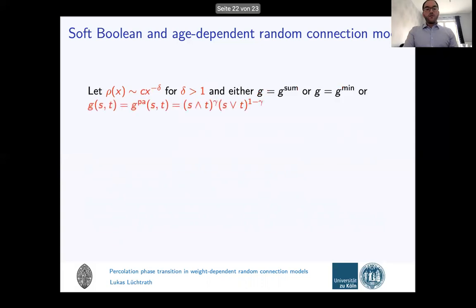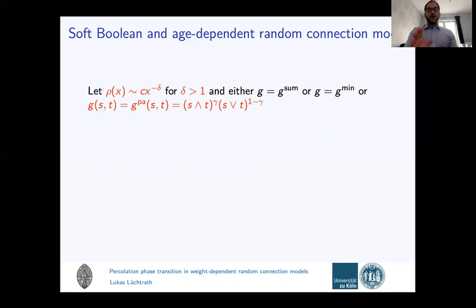Another model we could consider is the same rho, but a different kernel. It's what we call the preferential attachment kernel. This leads to the age-dependent random connection model. This model occurs as a weak local limit of a preferential attachment type growing sequence of graphs. I will not go into detail.